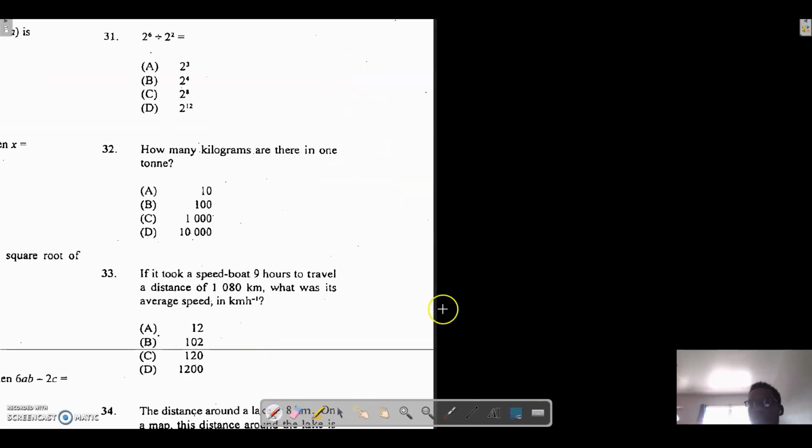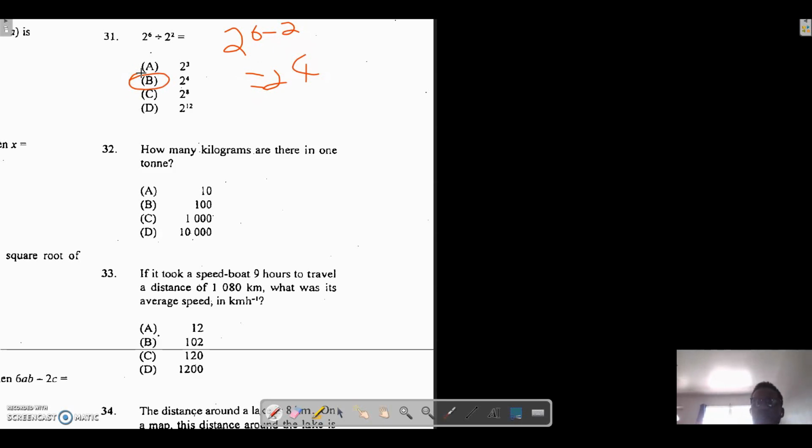Now 31 refers to the laws of indices. The laws of indices say if you divide two things that have the same base, then we subtract the powers. So it would be 2 to the 6 minus 2, which would be 2 to the 4, which is option B, as in boy.